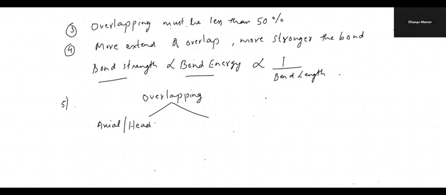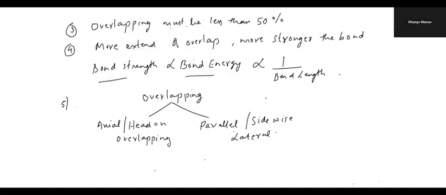The second type is parallel or sidewise, or lateral overlap. We will be learning about these overlaps.